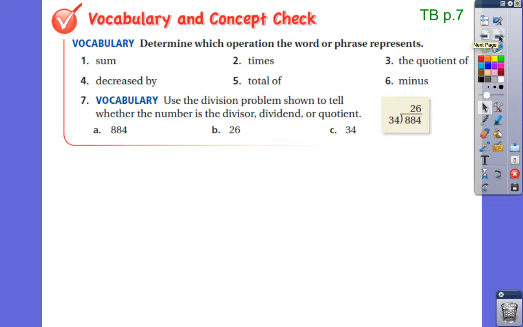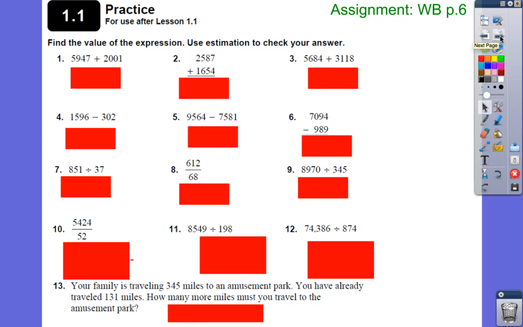Once you've completed that activity, I'm going to talk to you about your assignment. If you open up in your workbook to page 6, now this is just in your workbook. There is not a textbook page up here. And when you see on page 6, 1.1 practice, it tells you this is for use after lesson 1.1.